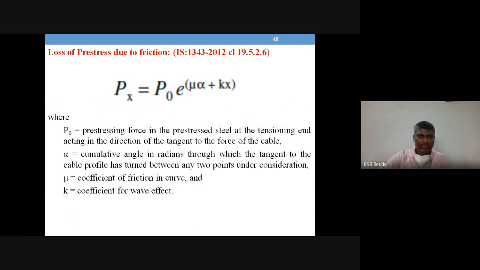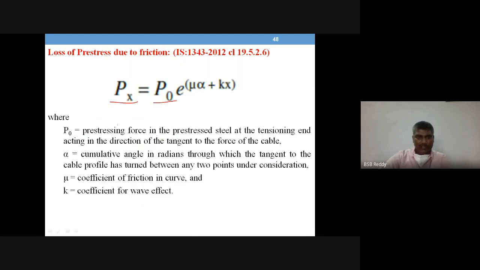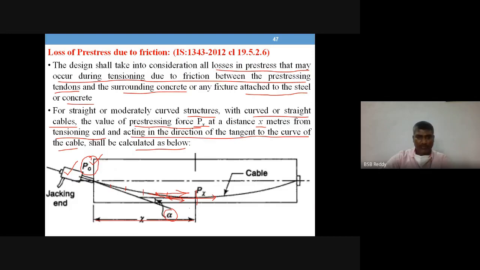Px is the pre-stressing force that is to be measured. P naught is the pre-stressing force in the pre-stress steel at the tensioning end, acting in the direction of the tangent to the curve of the cable. So that is this P naught value.